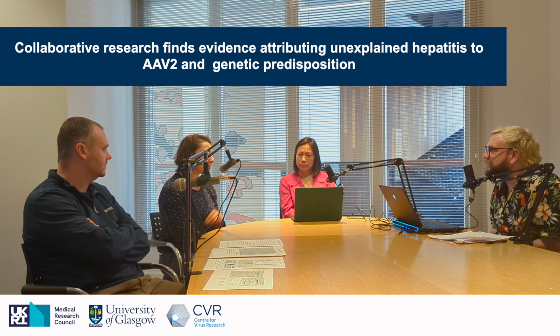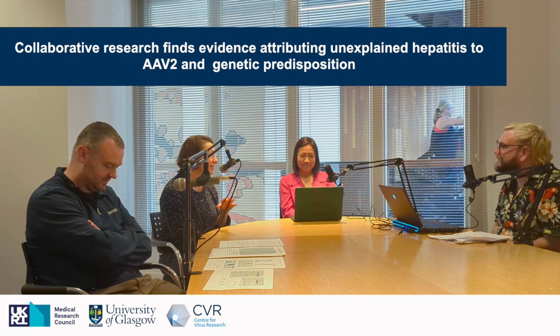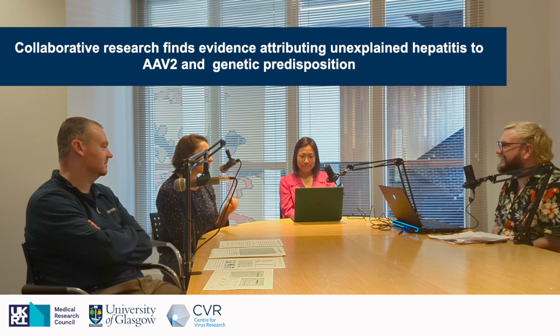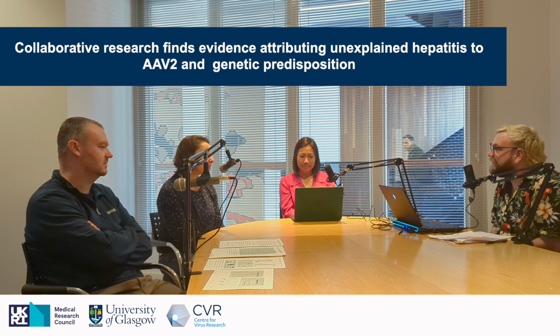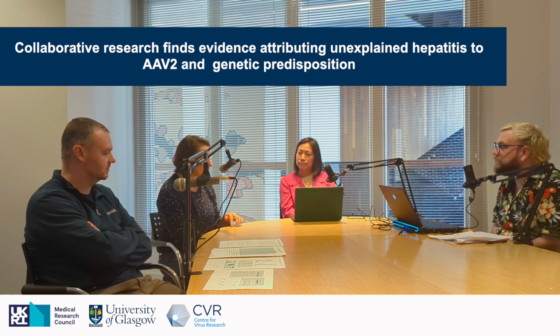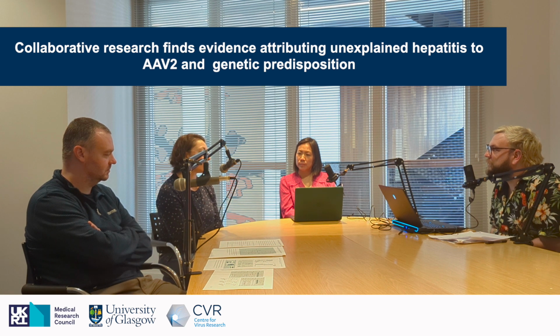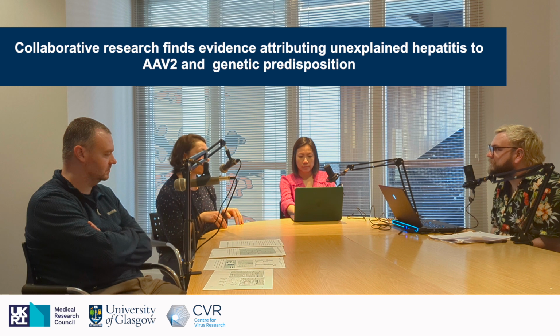Yes, and it was the most beautiful detection I think I've ever done, because the signal was so clear, and it was in 2 different cell types. So it was not only the hepatocytes with the ballooning phenotype, it was also in some of the endothelial cells of arteries in the liver. So we had 2 cell types which are positive for virus signal, which was a very good result.